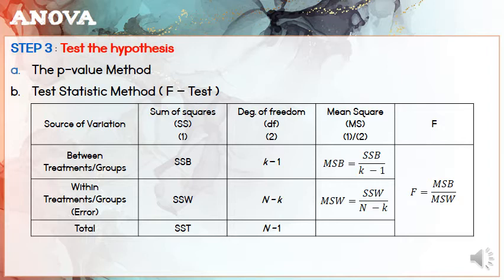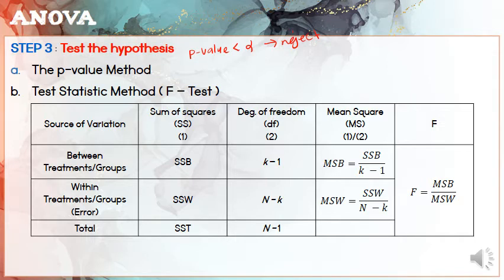So, kalau you pakai p-value, sama macam sebelum ni. If your p-value is less than alpha, you reject. If not, vice versa.